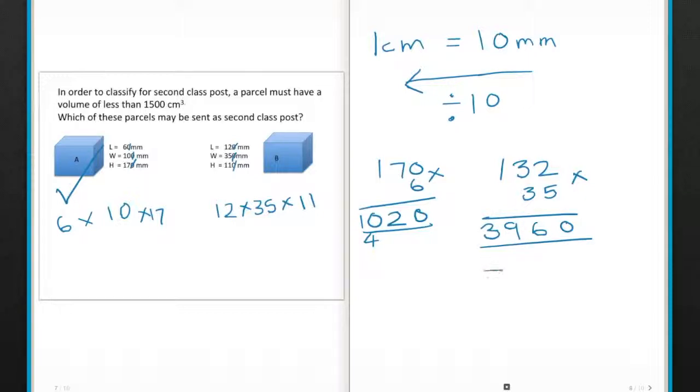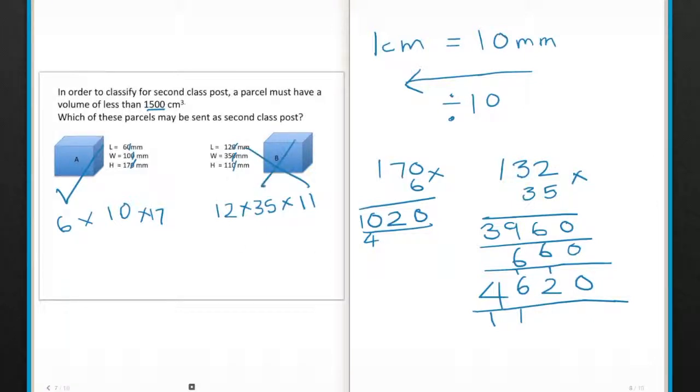Now I'm going to times by the units. 5 2s are 10, 5 3s are 15, add 1 is 16, 5 1s are 5, add 1 is 6. 0, 12, 16, 4. 4620. 4620 is bigger than 1500, so this one will not go as second class post.